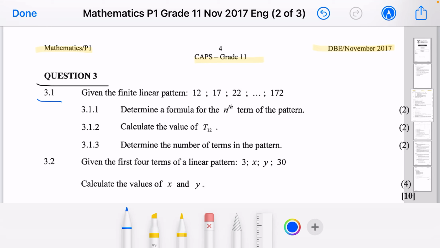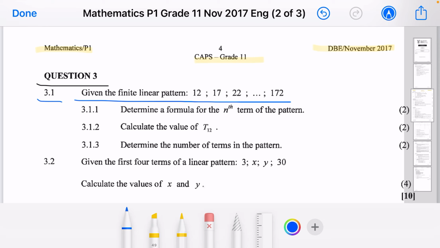Given the finite linear pattern, we've got 12, 17, 22, and the last number of that pattern is 172.